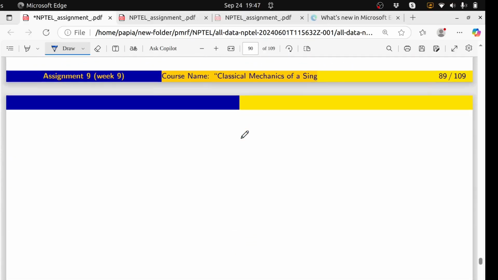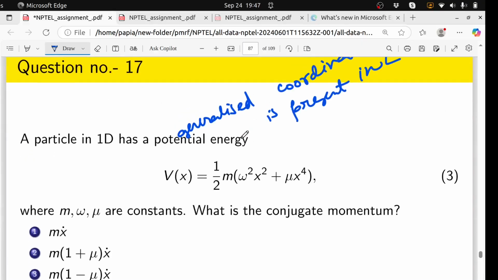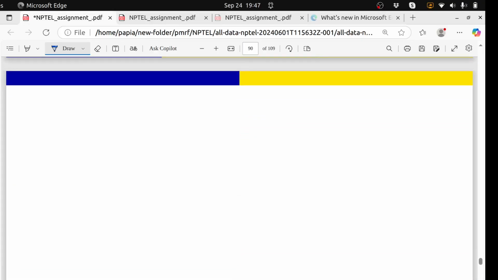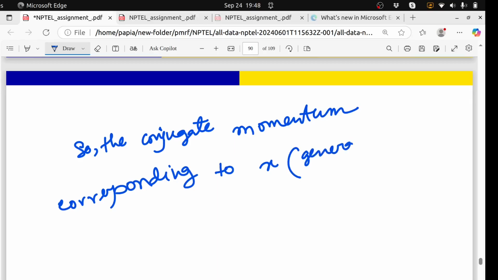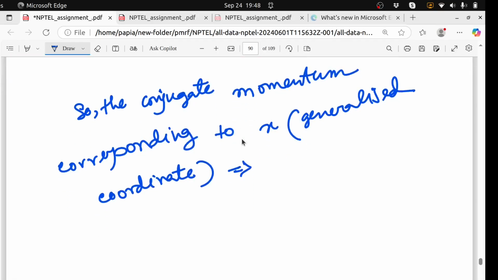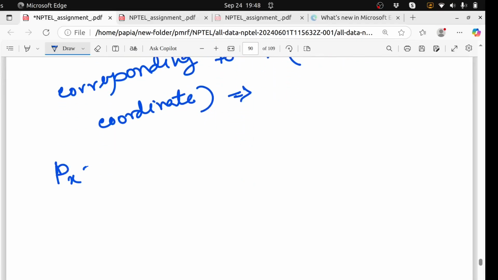Now we can see that what they are asking is the conjugate momentum. So the conjugate momentum corresponding to x, which is the generalized coordinate, is P of x, which is del L del x dot.